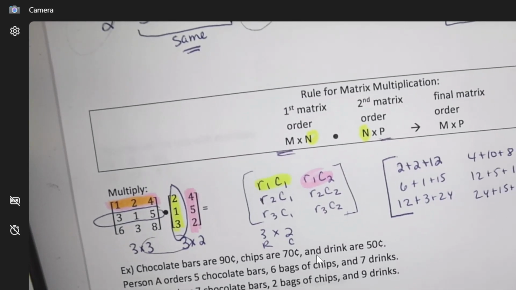Okay, how did you do? How did I do? Maybe you can rate me if I made any mistakes.